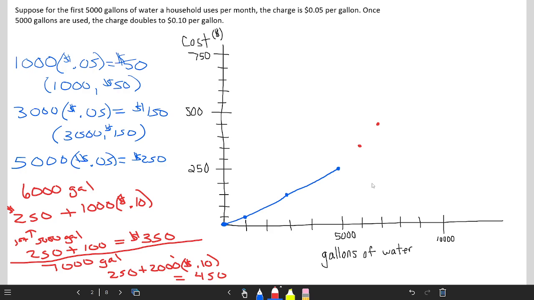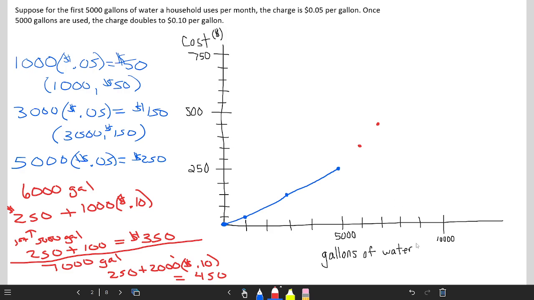My graph isn't scaled perfectly, so it might not be obvious here, but this second part that we're drawing is going to be steeper because now the rate has gone up. Now it's 10 cents per additional gallon, whereas before it was 5 cents per gallon. So that rate is the slope of each line. So this line is going to have a steeper slope.